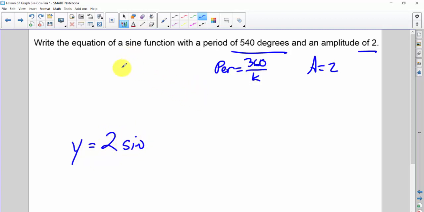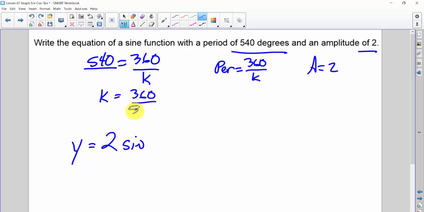Now I need to find the k value, so the period is 540 equals 360 over k. Therefore, k equals 360 over 540. That is, let's see, 180 goes into that 2 times and 3 times here. So 2/3 theta.